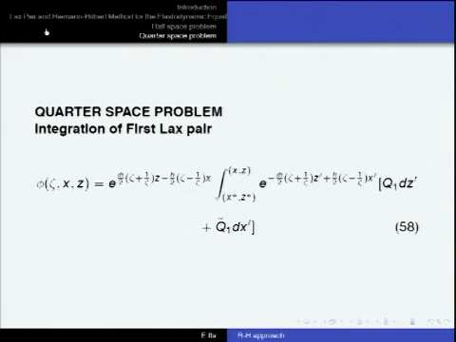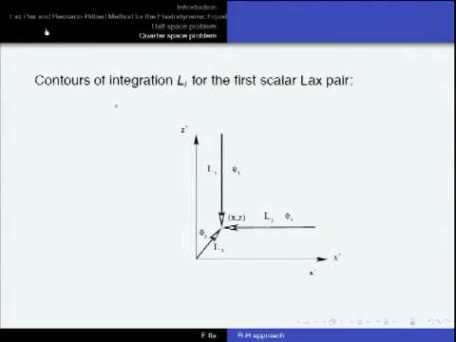So we first do kind of the same. We write the auxiliary function for the first Lax pair as the line integral, but now it's not enough to use just 2 rays of integration.